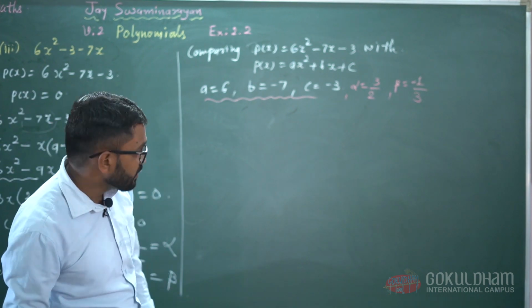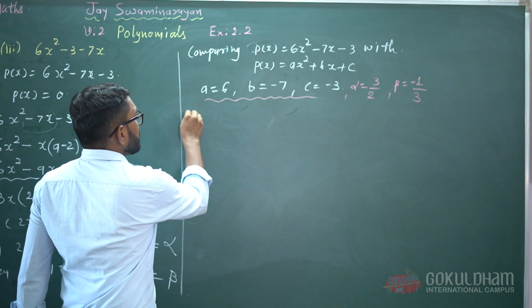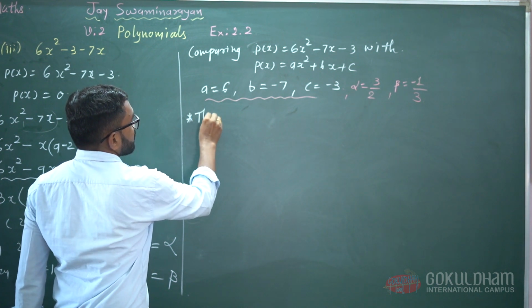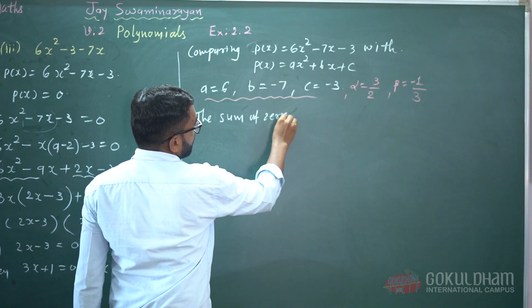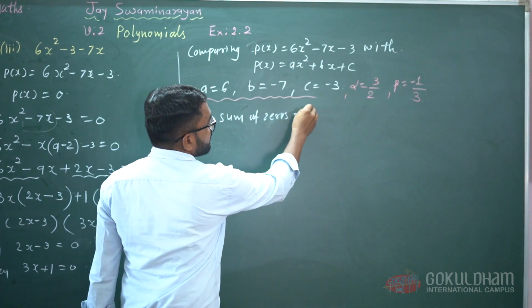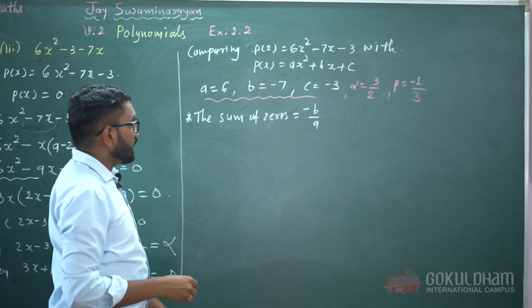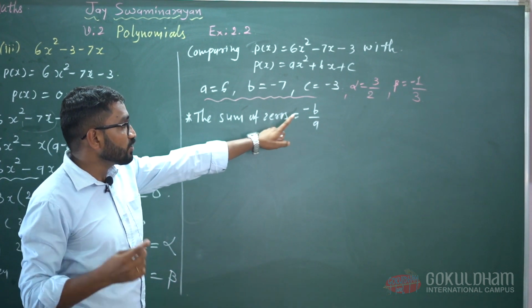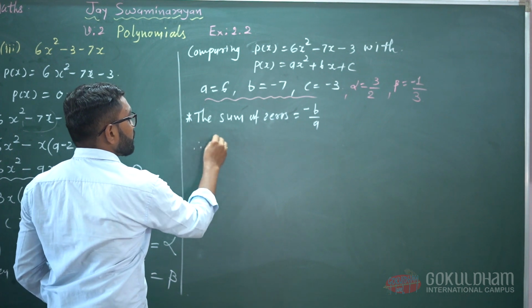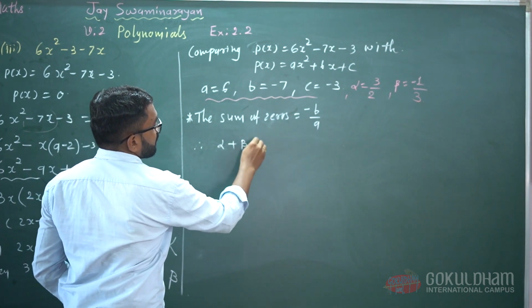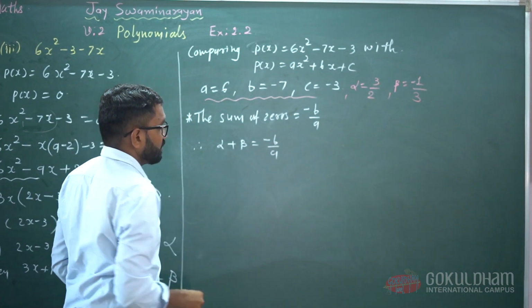Our first topic is the sum of zeros. The sum of zeros equals minus b by a, and the sum of zeros means our two zeros alpha and beta, and sum means addition, therefore alpha plus beta equals minus b by a.